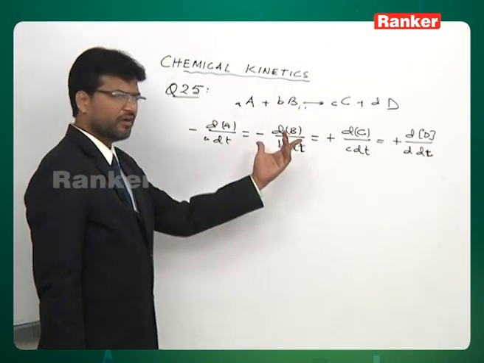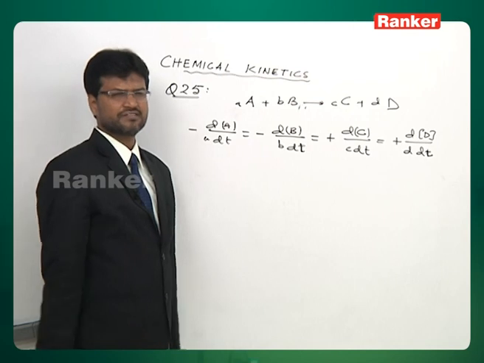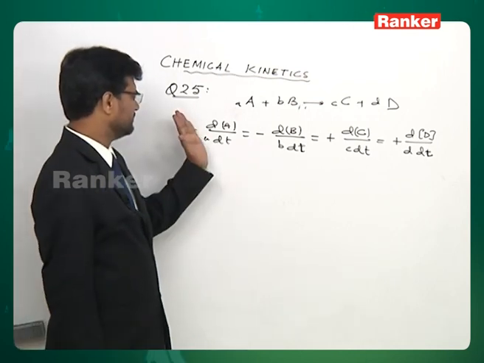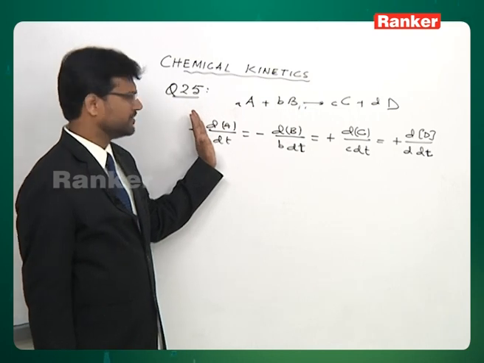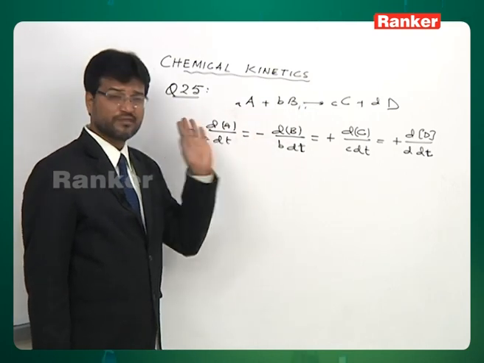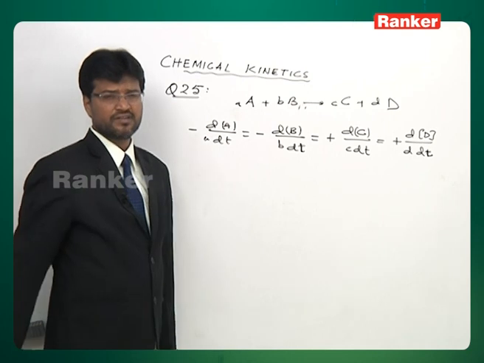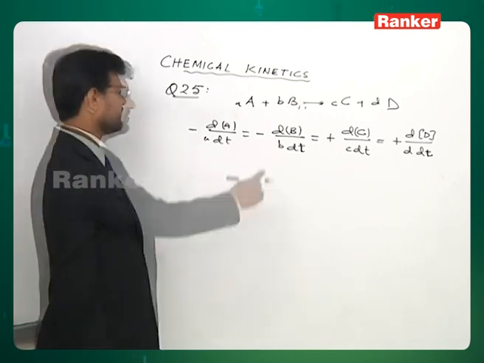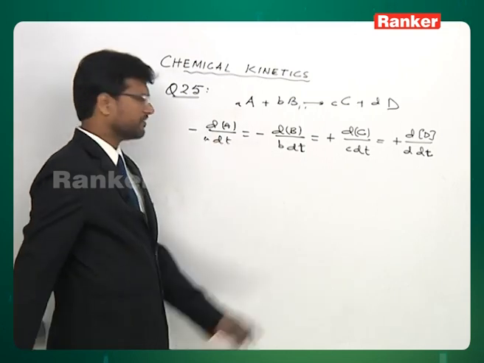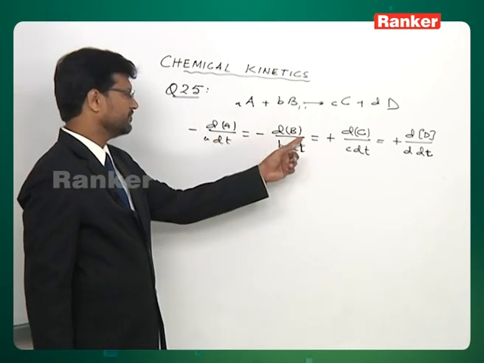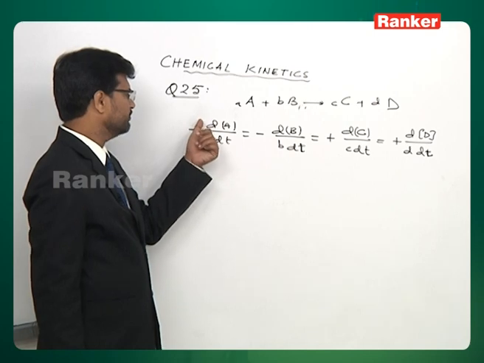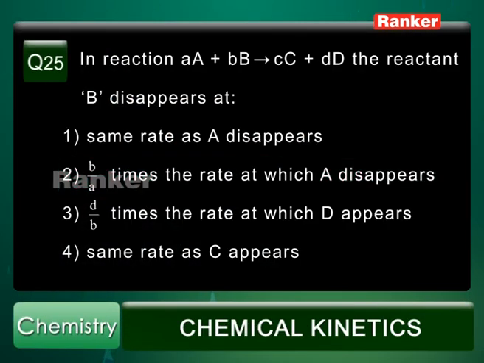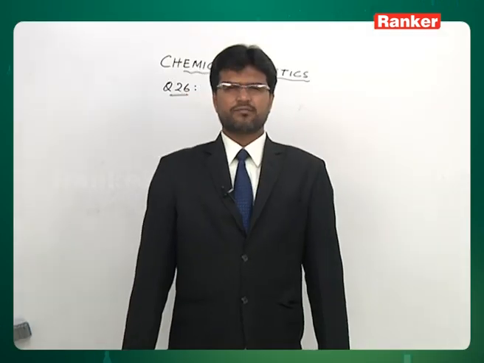On using this you can arrive at the answer. The correct answer is B by A times the rate at which A disappears. Here minus dA by dt is the rate at which A disappears and minus dB by dt is the rate at which B disappears. You can just rearrange this, B comes over here. So, dB by dt is equal to B by A dA by dt. Answer is the second option.